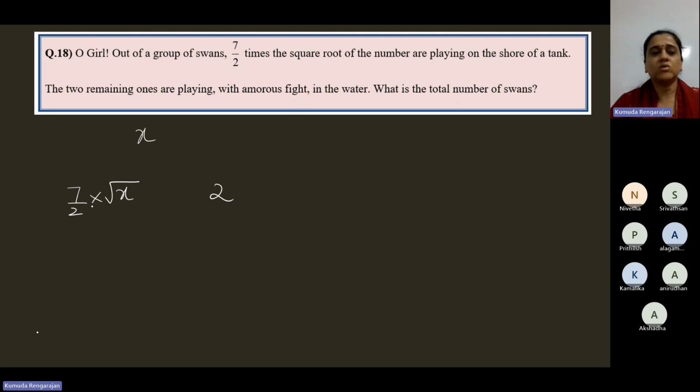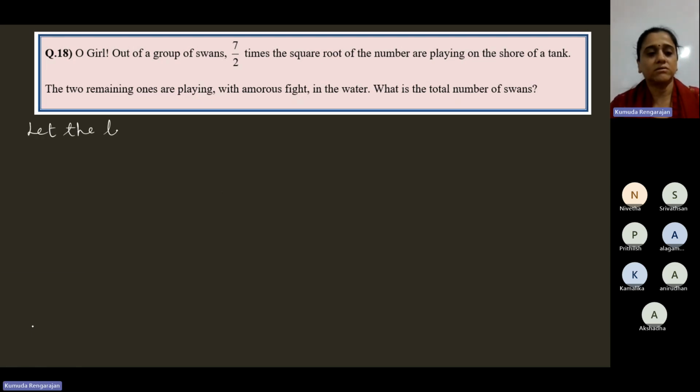So where are the swans? Some are on the shore of the tank and two are fighting in the water. So these two put together is equal to X, right? Is equal to the total number of swans. So this is the equation. You can start writing.